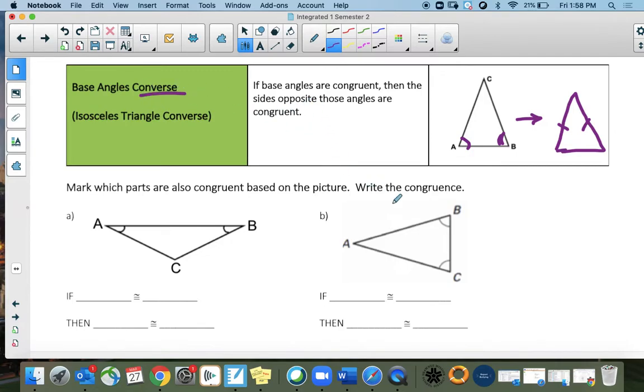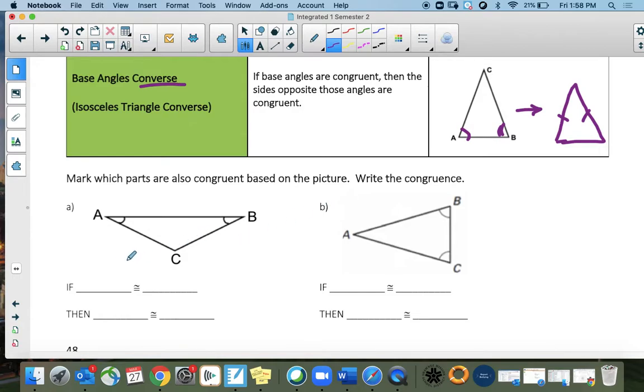It's going the other direction. So we would say if angle A is congruent to angle B, then we know here our two sides are congruent. We labeled it. And then we would say side CA is congruent to side CB. And again, start with that vertex angle and then go down.